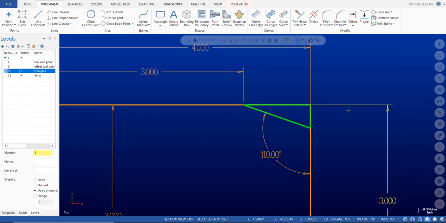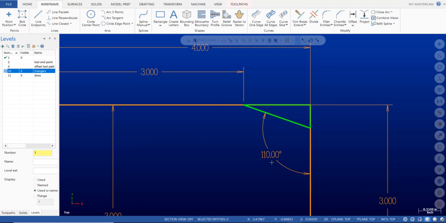Okay, so we need to know the distance of this leg, and in order to calculate that we need 2 pieces of information. So we know we have one that is 1 inch, and then the next piece of information we do have is a 110-degree angle. So we know that if we have a sharp corner or right angle corner, it would be 90 degrees.